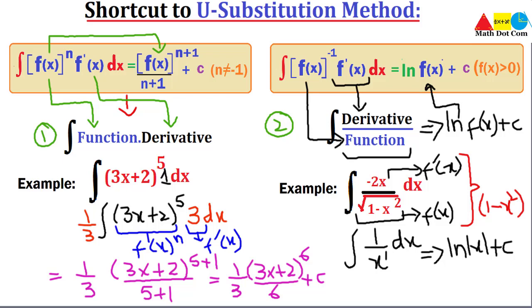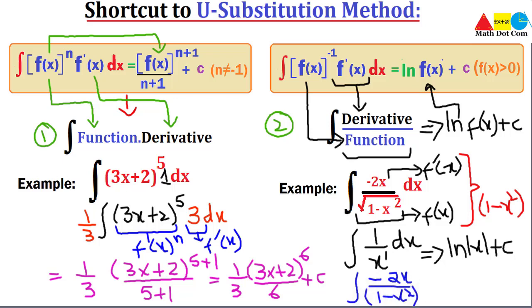So you can't apply this shortcut on functions having a power other than 1. The same is the case if I take another example, where we have -2x divided by 1 minus x square.